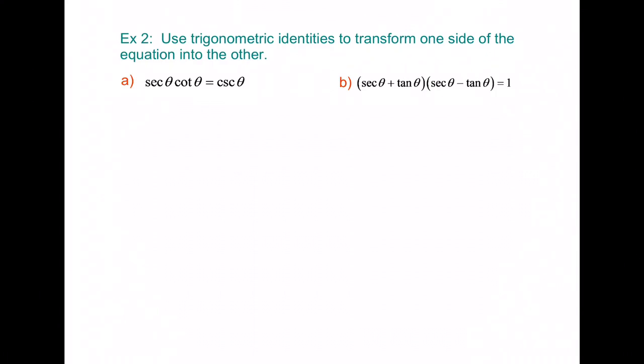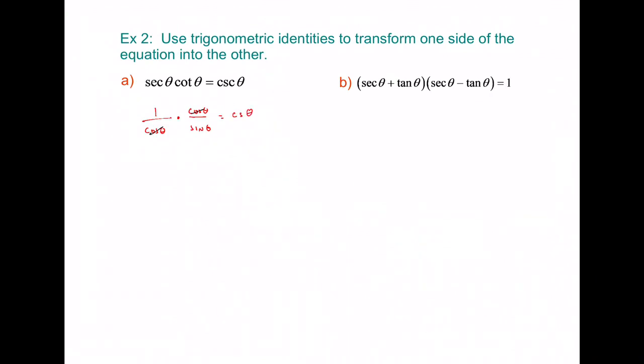So what we're going to do is look at the more complicated side, which would really be this left side here with secant theta, cotangent of theta. How can you rewrite secant of theta? Well, one of the ways we can rewrite secant is using the reciprocal identity, which would be 1 over cosine of theta. Cotangent could be rewritten as 1 over tangent using the reciprocal, or we could use the quotient and rewrite it as cosine of theta over sine of theta. Once we do that, what do we notice?